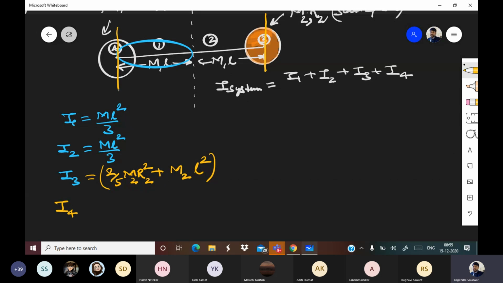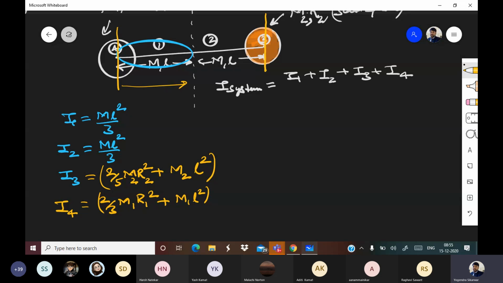I4 means moment of inertia of this sphere about this, and then we have to shift it because we want to find about the given axis. So that will be 2 by 3 m1 r1 square plus m1 into l square. So these are moment of inertias of all objects 1, 2, 3 and 4 about the given axis.